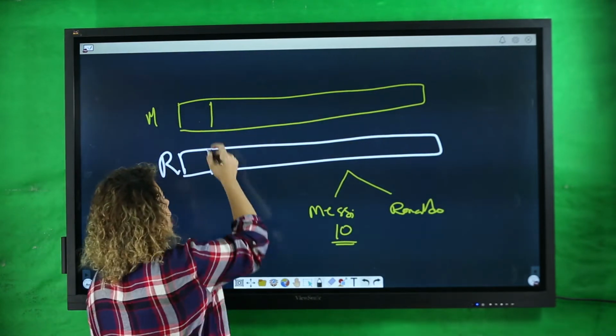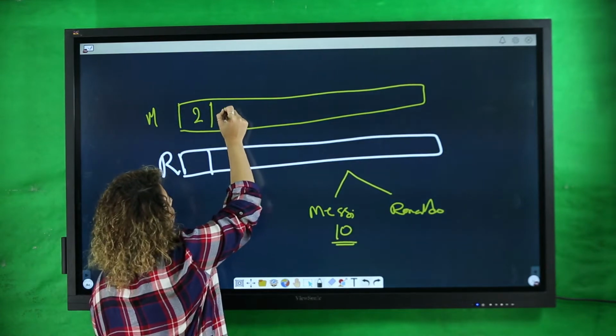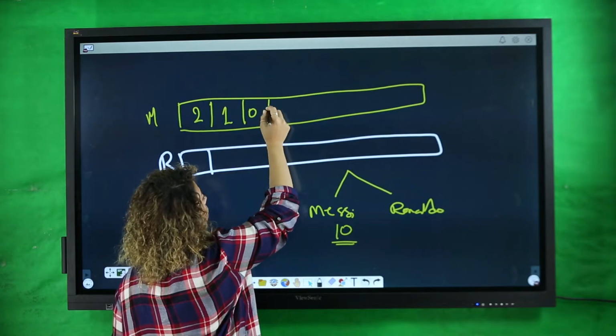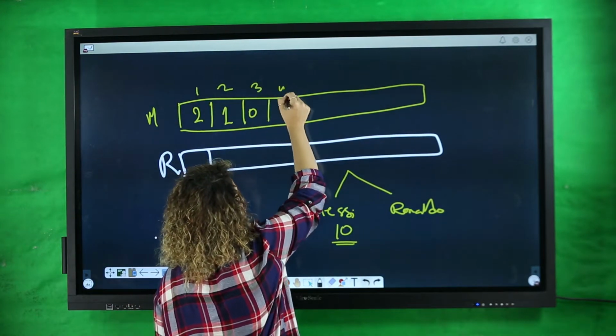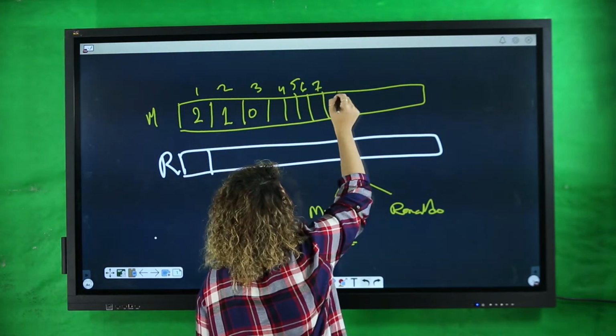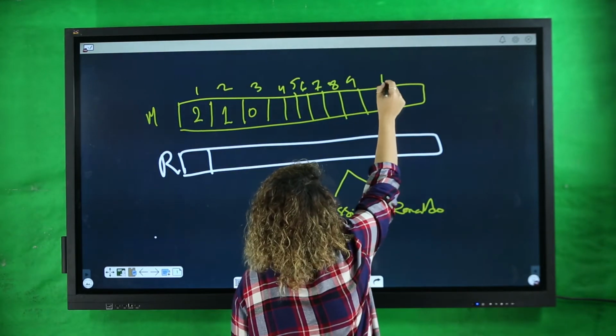So, in the first match, Messi scored 2. In the second match, Messi scored 1. In the third match, Messi hasn't scored anything. So this is matches 1, 2, 3, 4, 5, 6, 7, 8, 9, and 10.